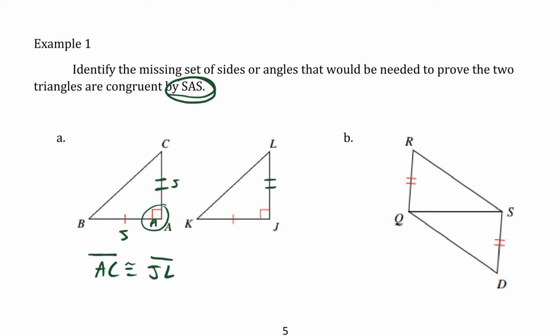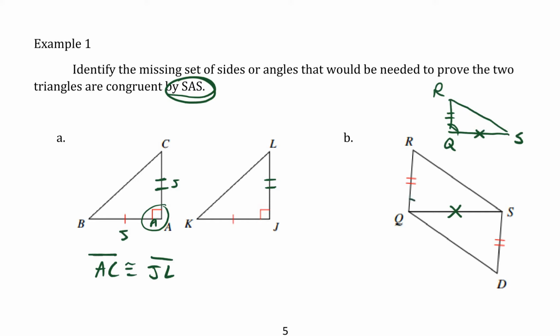In example 2, we have to use something we learned way back in lesson number 1. So we see that QS is reflexive, so that's a congruent set of sides. Now, if you're having trouble visualizing this, take a look at the triangles separate. So if I have triangle RQS, I have this labeled and I have this labeled. If I wanted to use side, angle, side, I would need that angle where angle Q is, the angle in between.